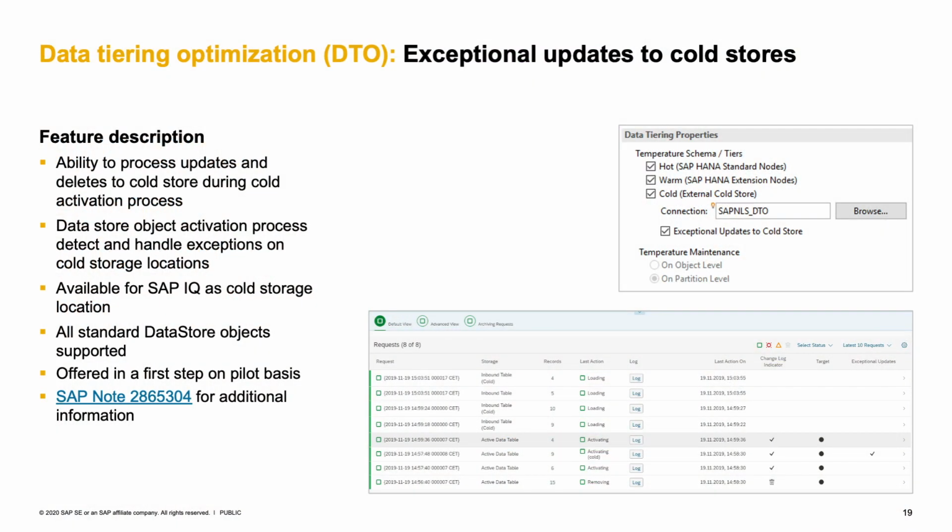And here, of course, we continuously also invested, and one feature which is probably important for our retail customers also is the possibility to update data when it's already posted to the cold stores, so nearline storage. So in the past, this was not possible to update the data in such cold stores because the data was archived away.